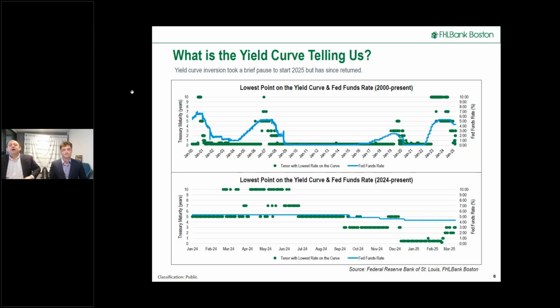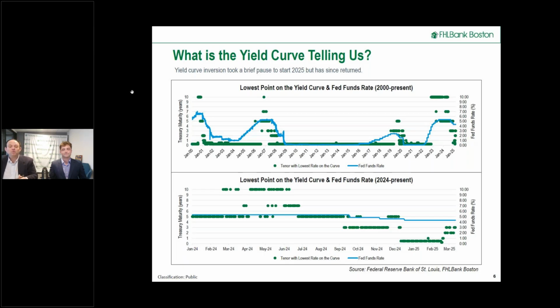So when we think about the yield curve, whether it's the level of rates or the steepness, the slope or the shape of the yield curve, it can be tricky to find one catch-all metric, because when we look at the steepness of the curve, for example, we're taking arbitrary points: the 1 year versus the 3 year, the 2 year versus the 5 year, the 2 year versus 10 year.